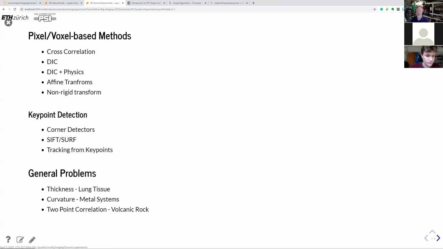Cross-correlation is one, looking at the correlation between different images. And actually, DIC is an abbreviation of digital image correlation, which is a method where you can track movements within images. That, of course, you can connect with physics, and then we can look at different transforms of the objects.